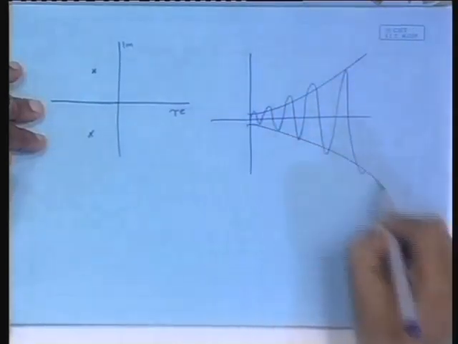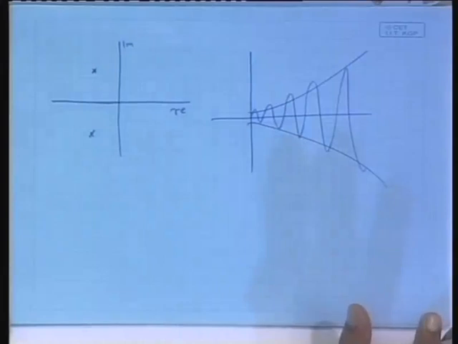This will be an exponential envelope. Clear? This is all we need to know really, as far as the linear neighborhood is concerned. As far as the linear neighborhood is concerned, this is all the information that we really need.